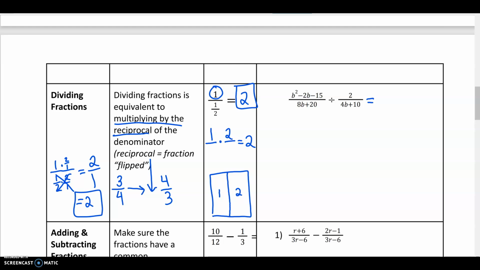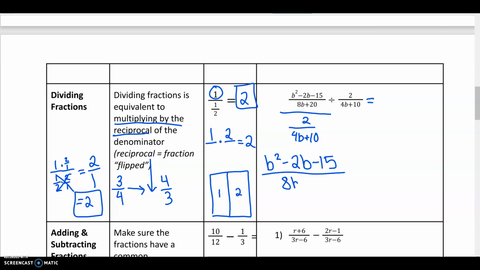So I wrote this a little bit differently with the division sign instead of as a fraction, but you're taking b squared minus 2b minus 15 over 8b plus 20, dividing it by 2 over 4b plus 10. So I could write it like this as well, different ways of representing it. And dividing fractions is equivalent to multiplying by the reciprocal of the denominator. So the first thing you want to do when you're dividing is rewrite it as a multiplication problem, just like I did over here.